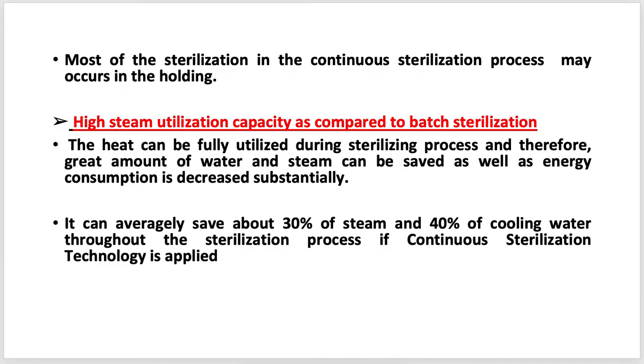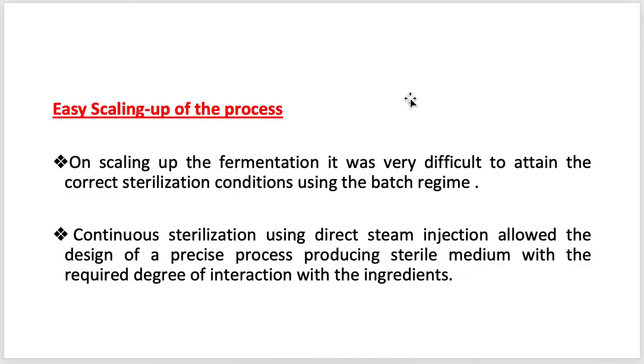Then another advantage of continuous heat sterilization: easy scaling up of the process. On scaling up the fermentation, it is very difficult to attain the correct sterilization conditions using the batch regime. That is, batch sterilization is more complex and difficult to scale up.